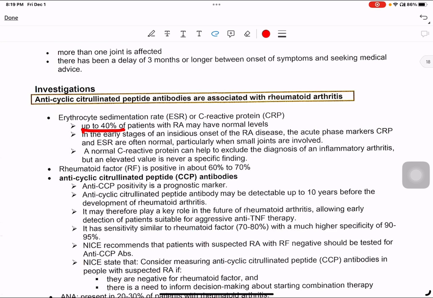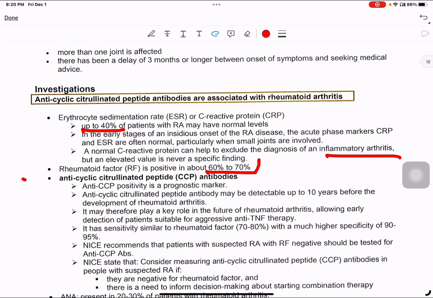A normal C-reactive protein can help to exclude the diagnosis of inflammatory arthritis, but an elevated level is never a specific finding. Rheumatoid factor is positive in about 60 to 70% of cases.